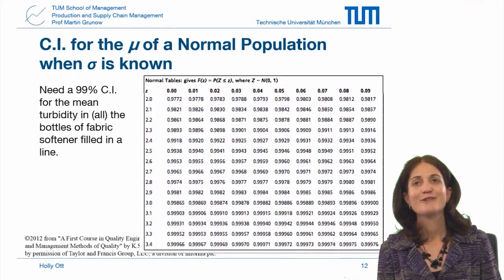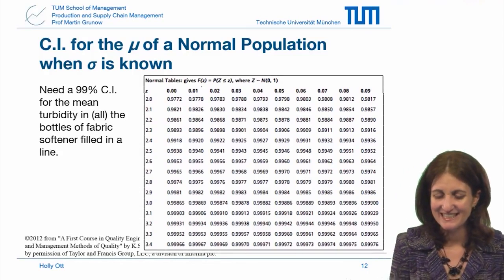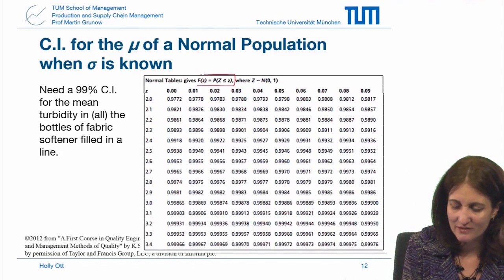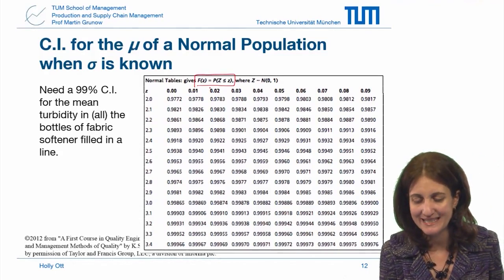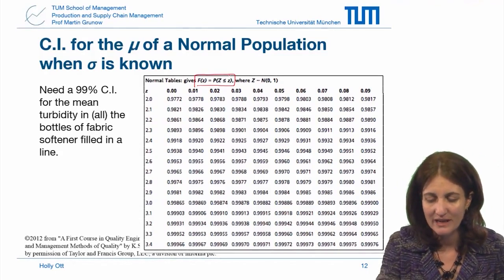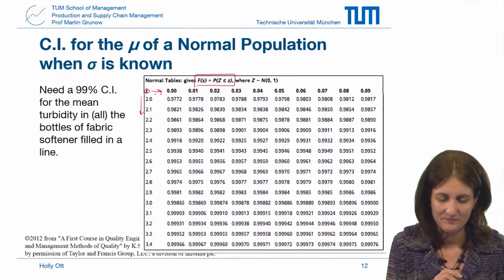So here we have our tables. Do you remember how to read these? This is the cumulative probability, the probability that random variable z is less than or equal to a certain fixed value, where the z values you read first down this way and then this way.